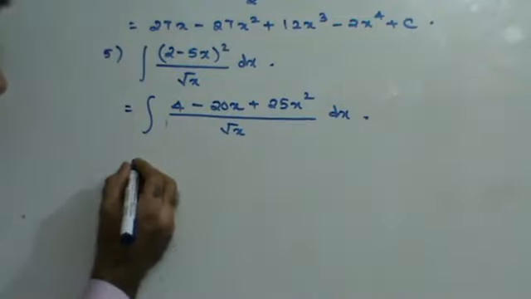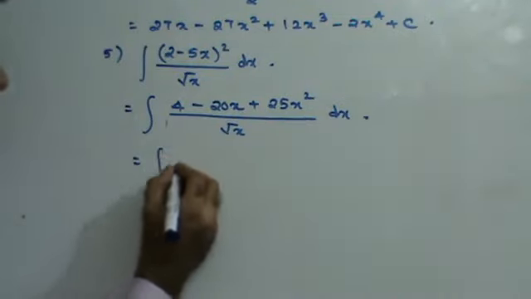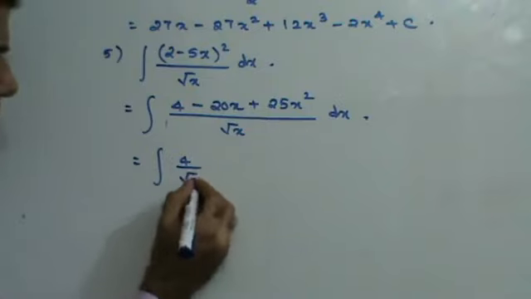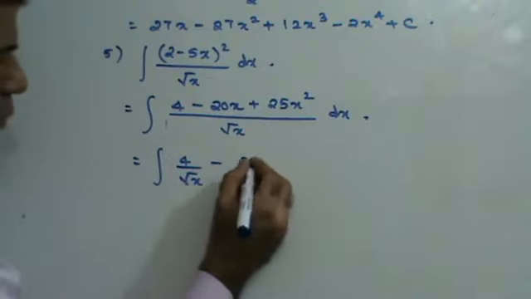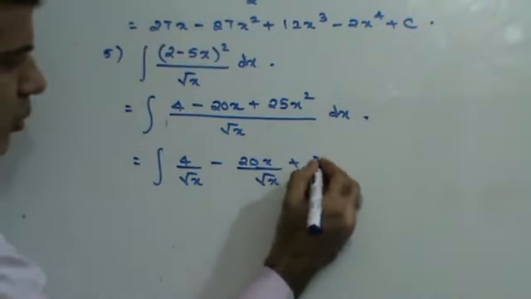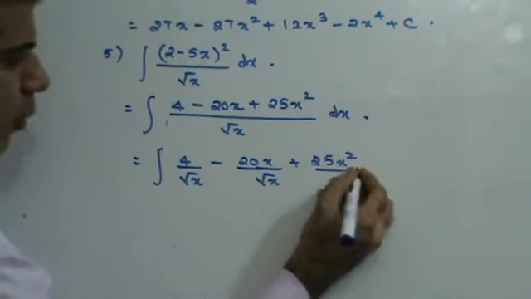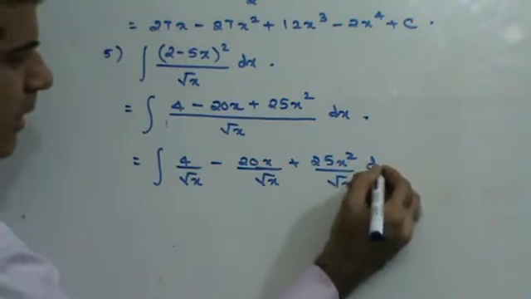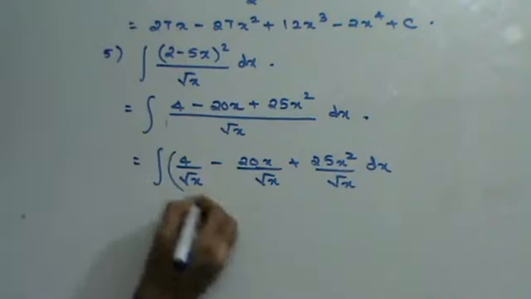Now split the numerator, so this will be integral of 4 upon root x minus 20 x upon root x plus 25x square upon root x dx, right?